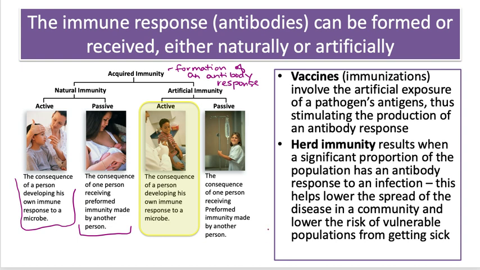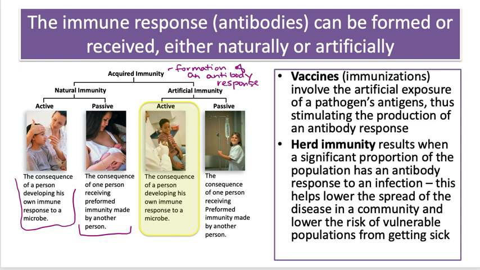So the most vulnerable, at least with coronavirus, are the elderly, those with underlying chronic health conditions like high blood pressure, diabetes, asthma, any type of lung issue would make you a high risk individual.